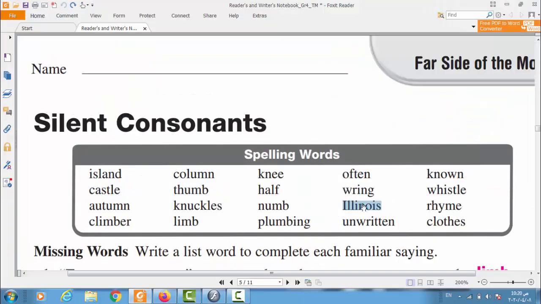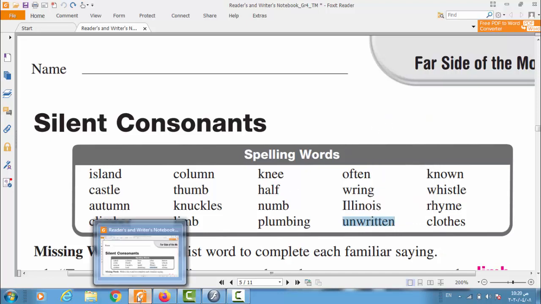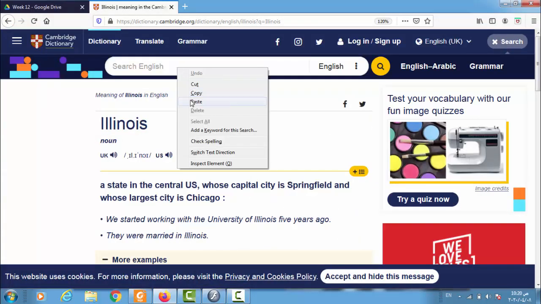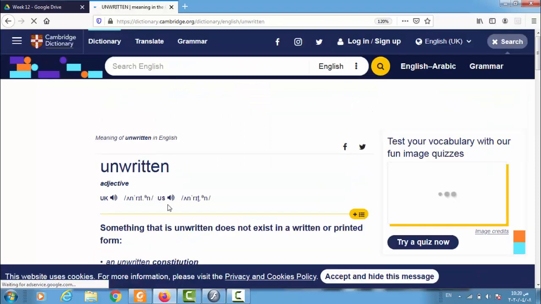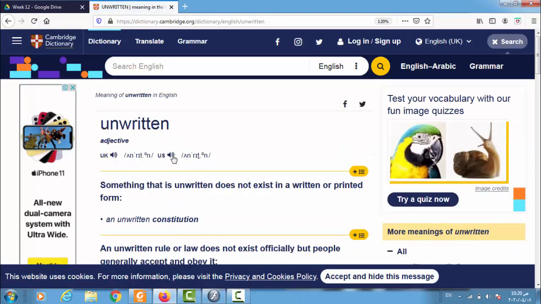So after Illinois, the American state, we have unwritten. Unwritten means in here that the T, the second one in here, is not stressed.